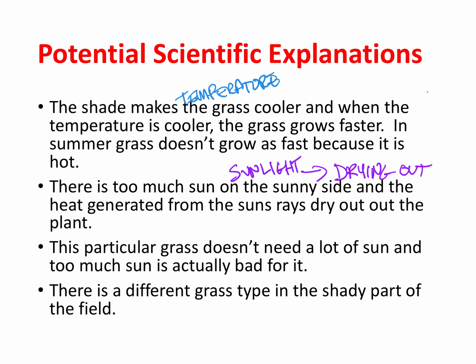More water out of the grass blades means that the grass blades are dried. We know that you need water as part of the ingredients in the photosynthesis reaction to make glucose, which is the plant's energy and allows it to grow. And therefore, if we don't have water, we can't make as much glucose, and therefore the plant doesn't grow as fast.